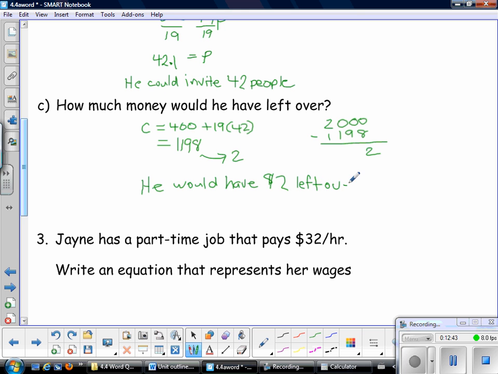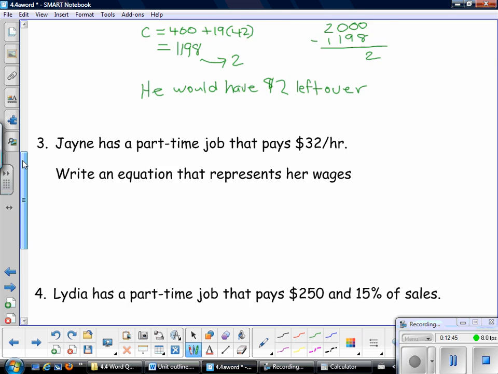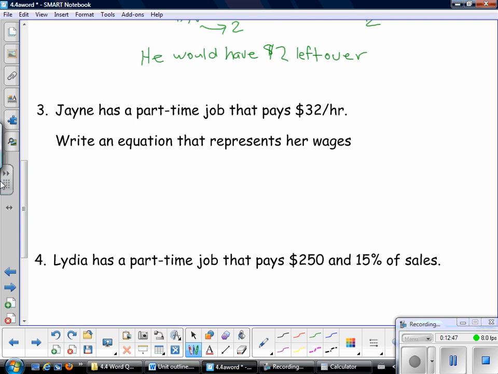And our final question that we're going to look at in this session, oh, actually second final, Jane has a part-time job that pays $32 per hour. Write an equation that represents her wages. This one's a lot shorter than the other ones. Okay, so obviously they don't have any let statements. So we're talking about wages. So maybe we'll use P for pay, and it's dependent on hours. So maybe H for hours. Okay, so if you notice, I'm just making up the letters I'm going to use, but I have to tell people what they are.